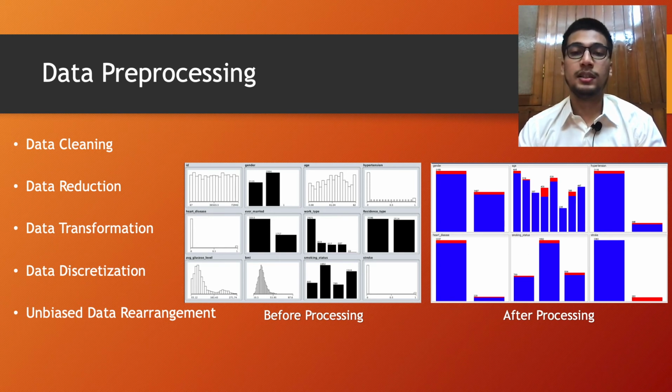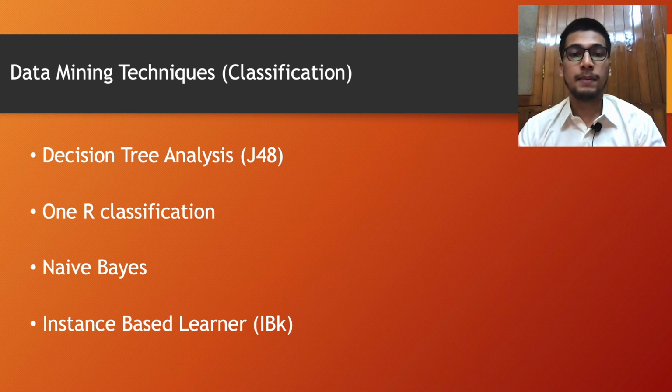After all this data processing, we still had a problem with our dataset, specifically the instances being arranged in a biased order. So we took the extra step to solve it by using the random function in Excel and rearranging them.